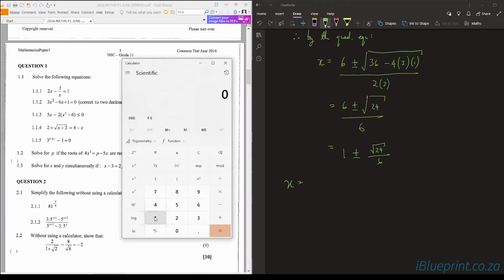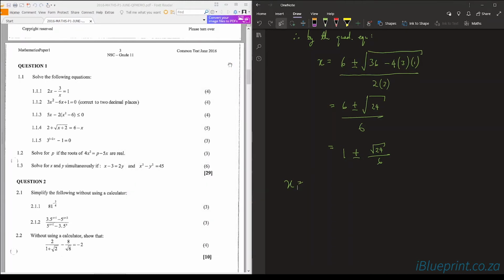So we take 1 minus, take a bracket, square root of 24. I need to put it under a root sign. Terrible calculator. Let me just use the one on my phone.